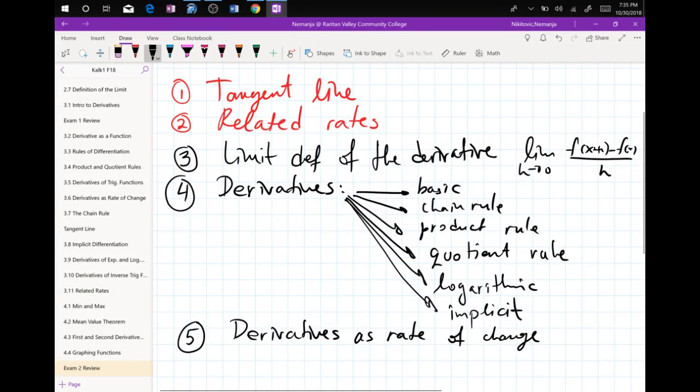Related rates. We did talk in class about related rates. We know that there are triangle problems, area problems, volume problems, right? All of these different types. As you figure out the geometry, you will take the time derivative of it, and you will observe the change in time.